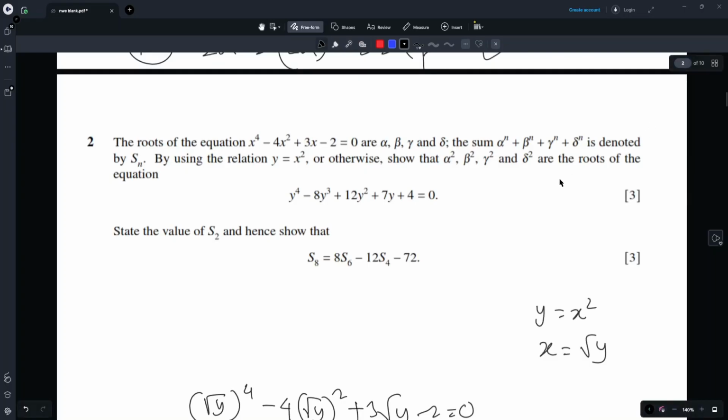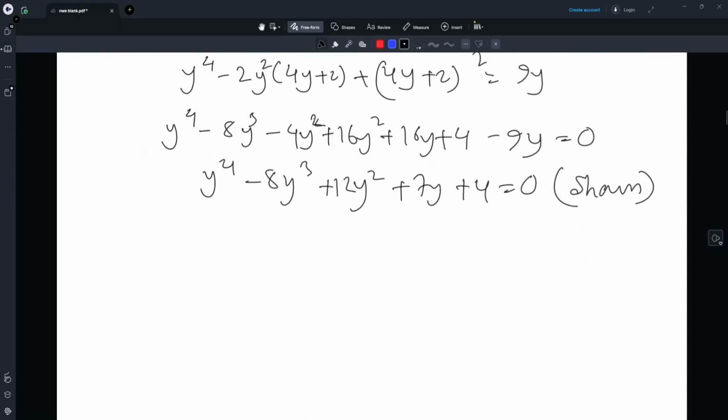Next it says state the value of S2 and hence show this little guy. So what I'm doing here is, the sum of these roots is supposed to be Sn. So the sum of this one is supposed to be alpha squared, beta squared, gamma squared, and delta squared.